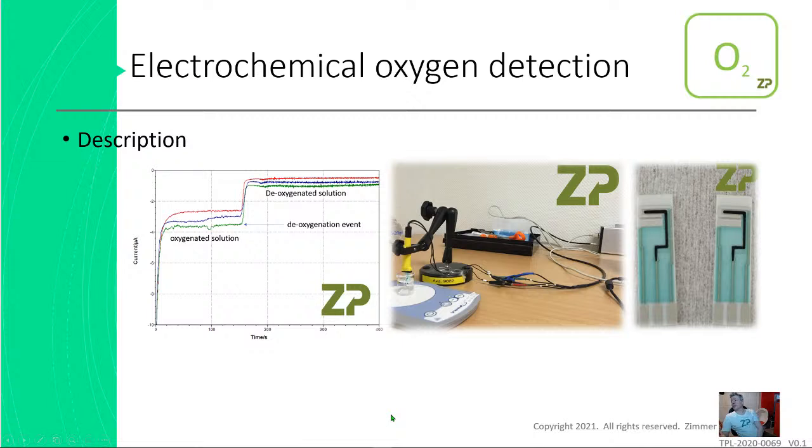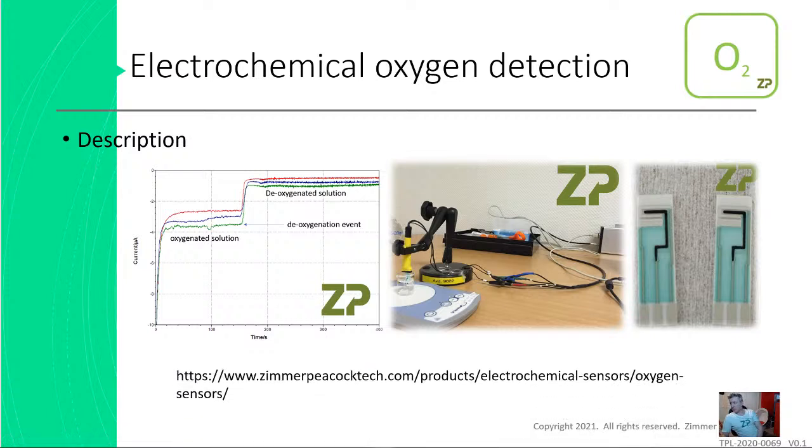We often measure oxygen actually using an amperometric mode. So when you look at this data off our website, it's not voltage versus time, it's actually current versus time. But to do this, you need the amperometric version of that board rather than the potentiometric version of the board. As I say, it's the same board, it's just different firmware, but we haven't got it so that you can change the firmware yourselves.